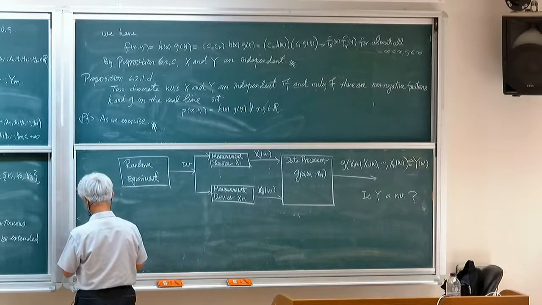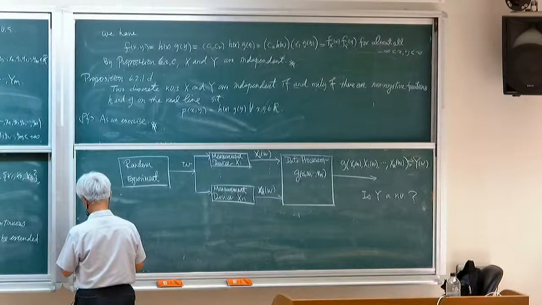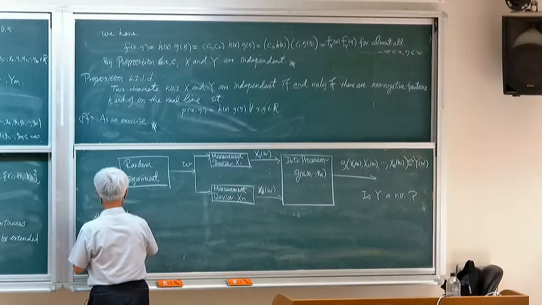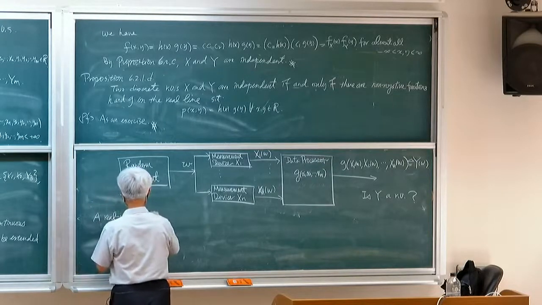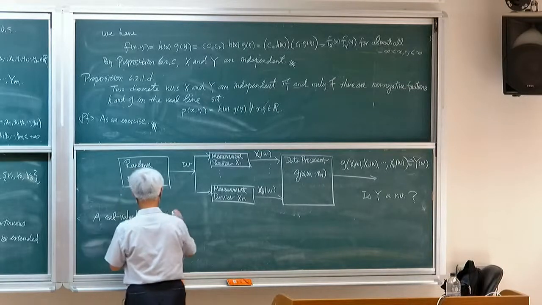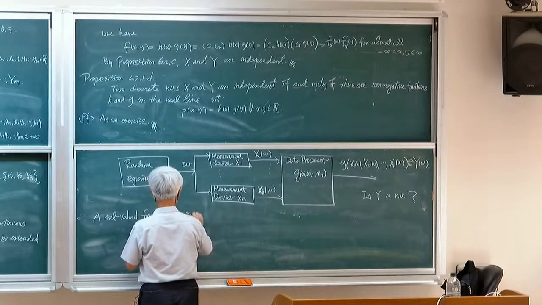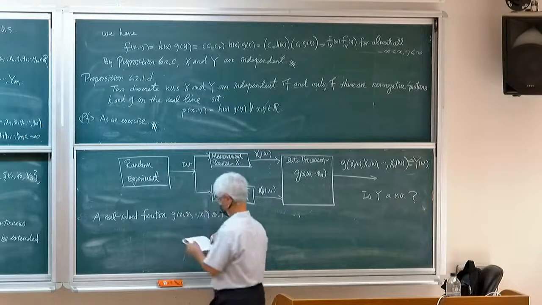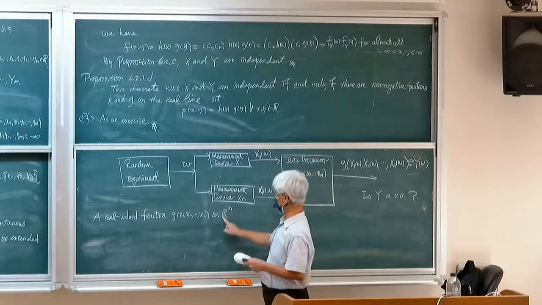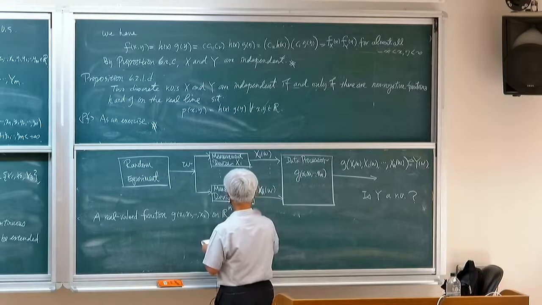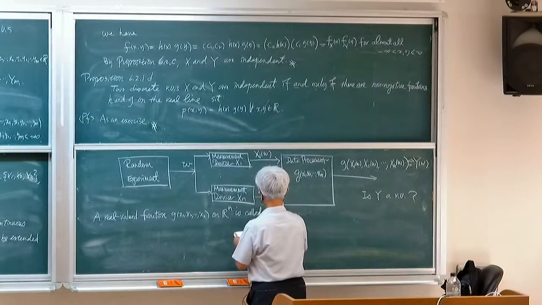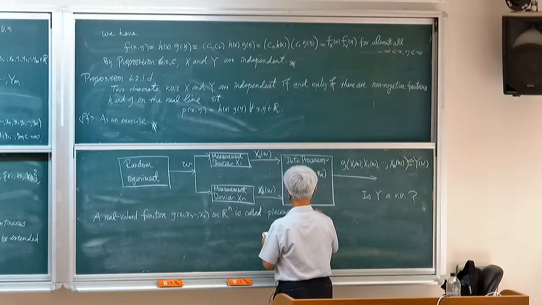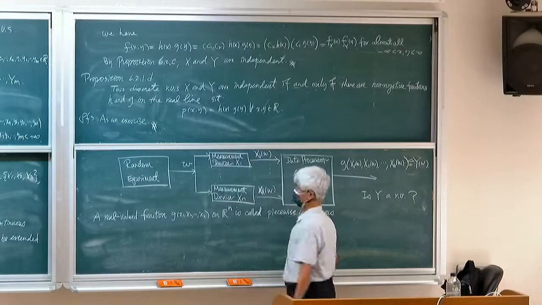Now, a real-valued function g of x1, x2, up to xn on Rn, the n-dimensional Euclidean space, is called piecewise continuous.